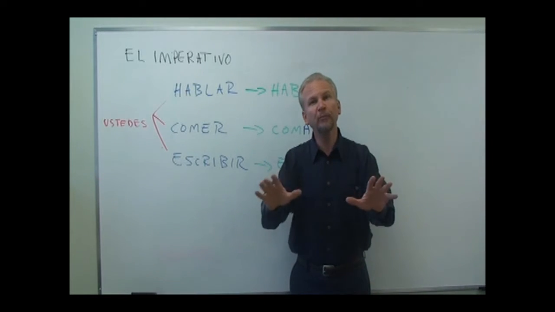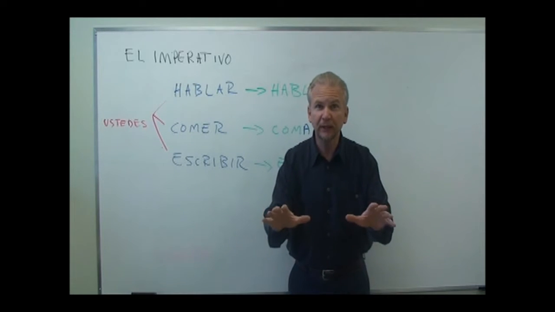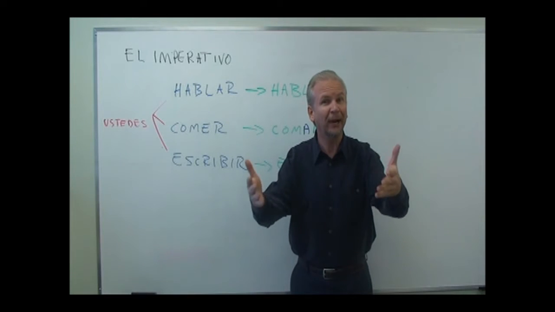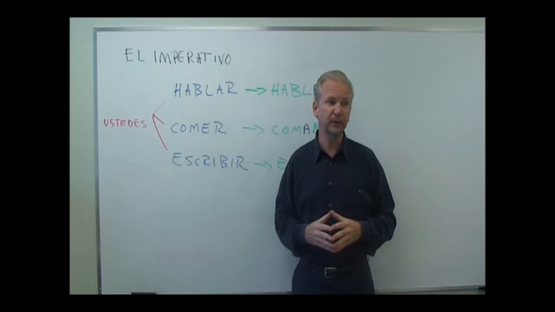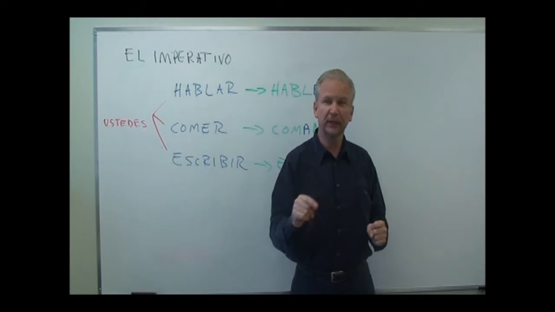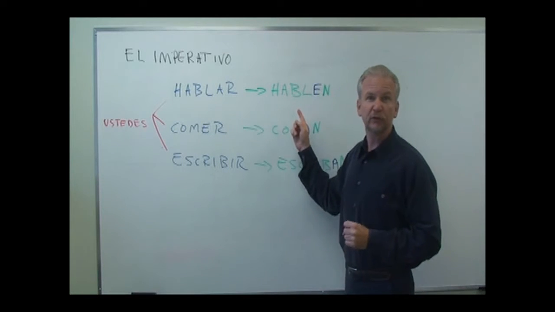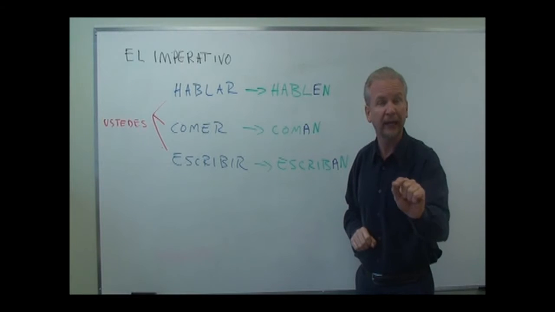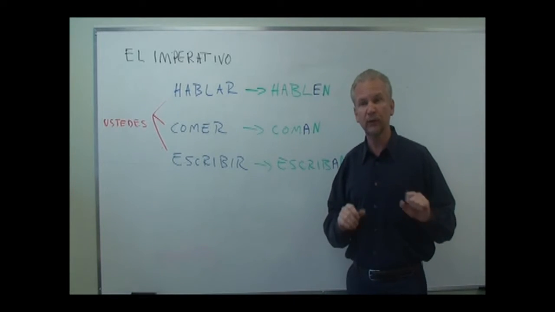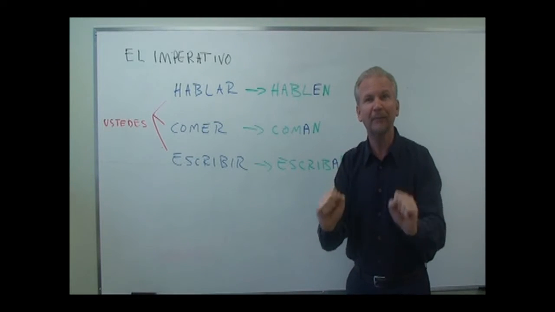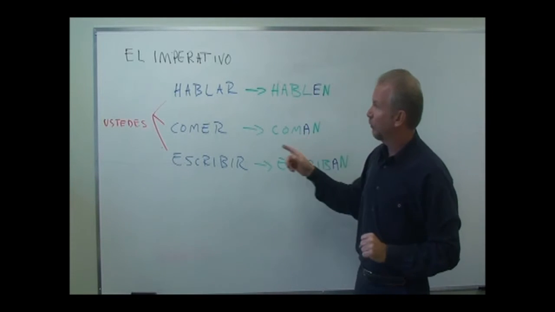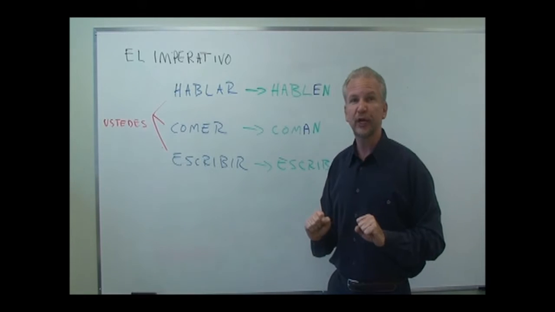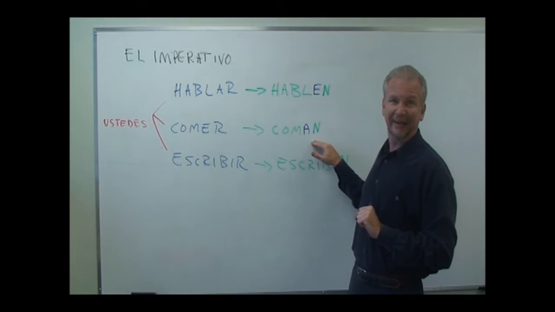Now we talk about the plural you. If I'm talking to a group of you and I want to tell you to speak with ustedes, normally we would say ustedes hablan with the AR verb, you speak. I want to tell you to speak now. We keep it like the previous form, the usted form. We change the A for the E. So I would say hablen, hablen. If I want to tell you to eat, a group of you, plural, I would say coman.